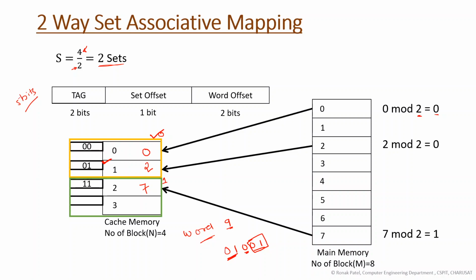So instead of comparing with each and every tag of all the cache blocks, we have restricted it to the set. This gives you the advantage of both direct mapping and set associative mapping.